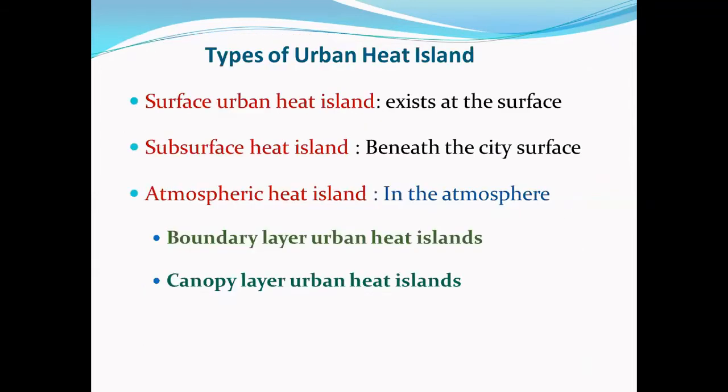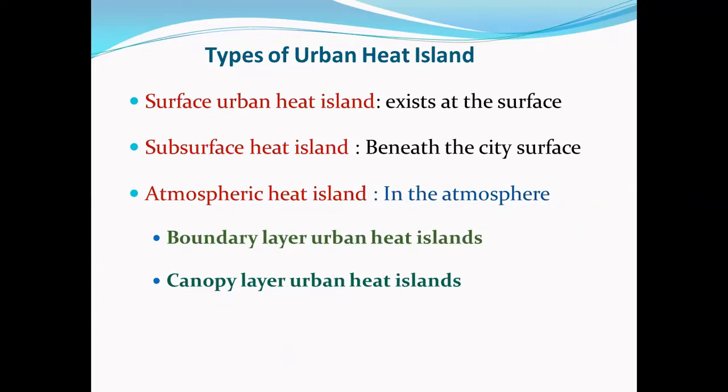Urban heat island can be classified into three. First one, surface urban heat island exists at the surface and is remotely sensed. It is observed by using thermal infrared data that allow to retrieve land surface temperatures.